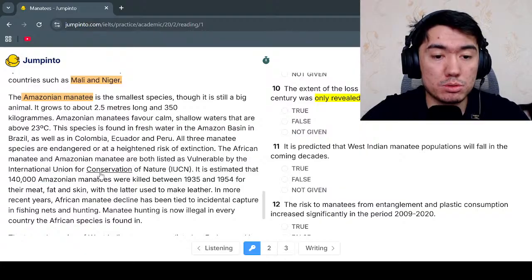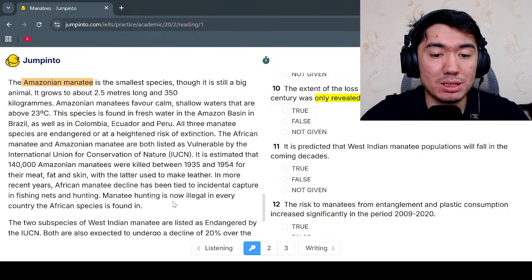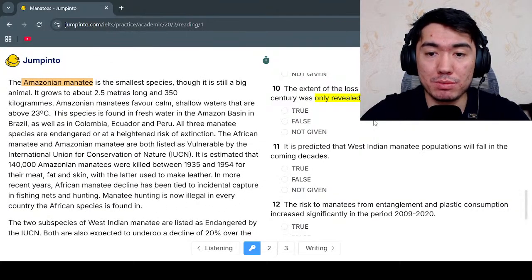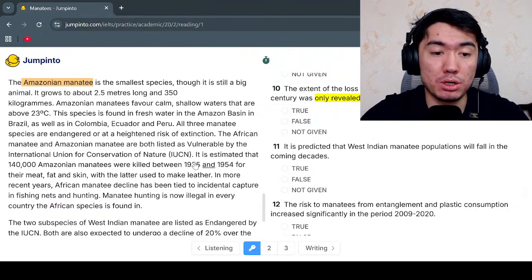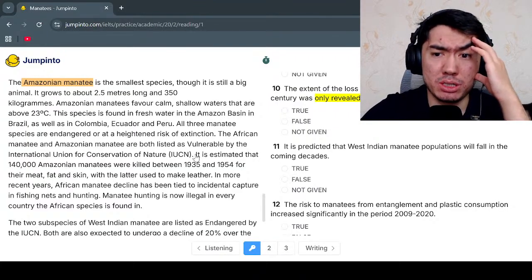It's estimated that were killed between this and that for their meat. In more recent years, decline has been tied to incidental capture. Hunting is now illegal in every country. The extent of the loss was revealed many years later. For their meat, it's estimated that. Now we know, but is it many years later?